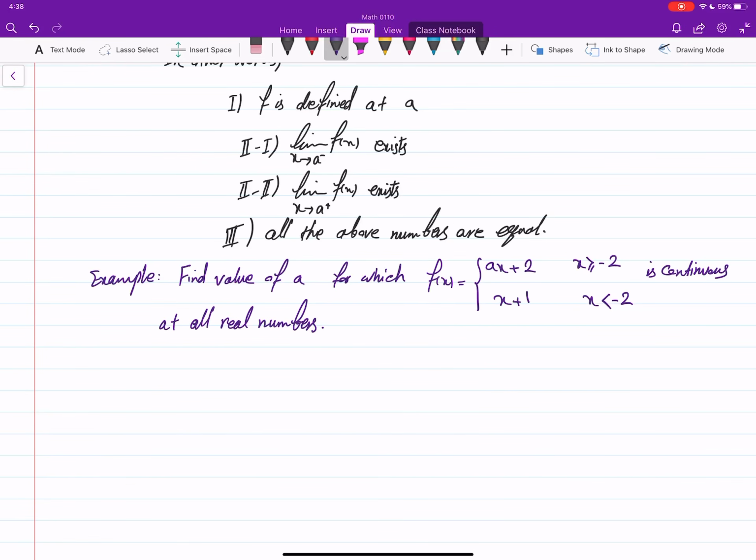So we are going to find the value of a for which this function will turn out to be continuous everywhere.